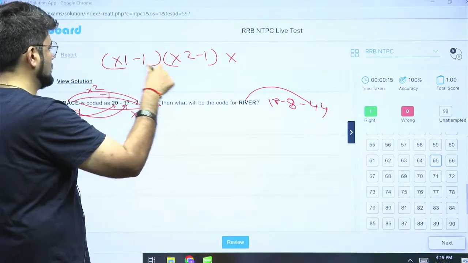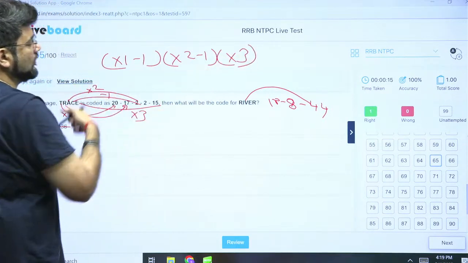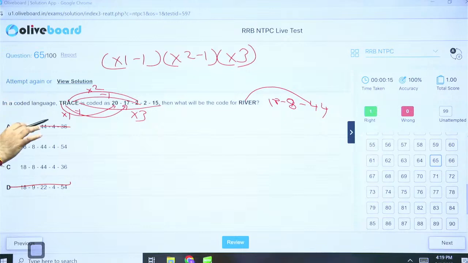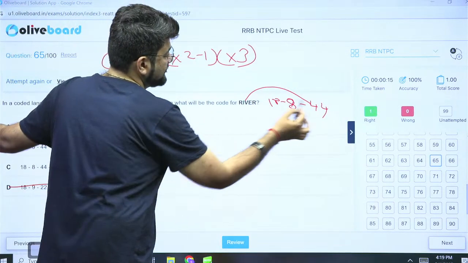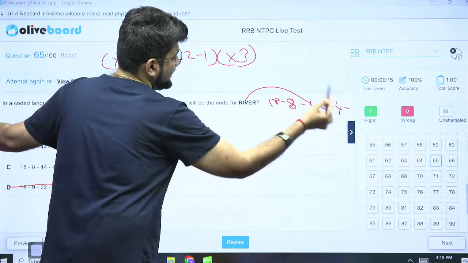This is how you are approaching. So into 1 minus 1, into 2 minus 1, this will give you 5 minus 1, 4, and into 3, 18 into 3 is 36.